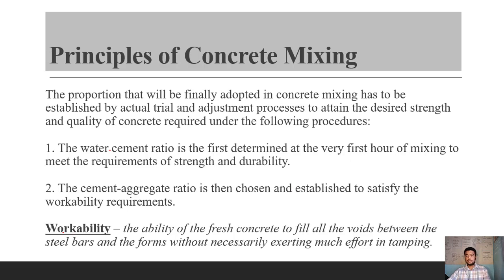Therefore, we should produce a concrete mix that is workable, between the steel bars and the forms, without necessarily exerting much effort in tamping. We are also using a steel rod to tamp all of the concrete mix to distribute all over the voids.